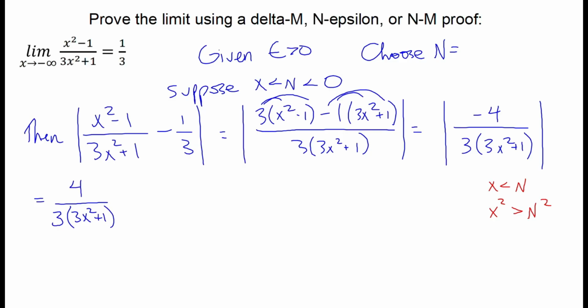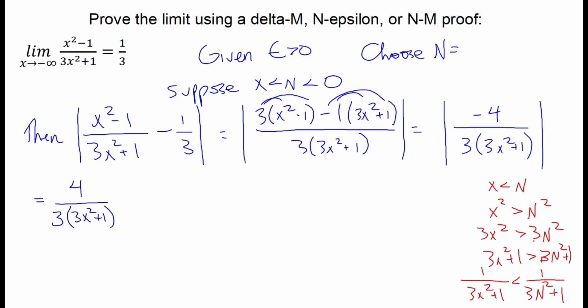And then now, since they're positive numbers, it's easy to deal with. I'll just multiply by 3 and add 1. So 3x squared is greater than 3n squared. And 3x squared plus 1 is greater than 3n squared plus 1. And now 1 over 3x squared plus 1 is less than 1 over 3n squared plus 1.